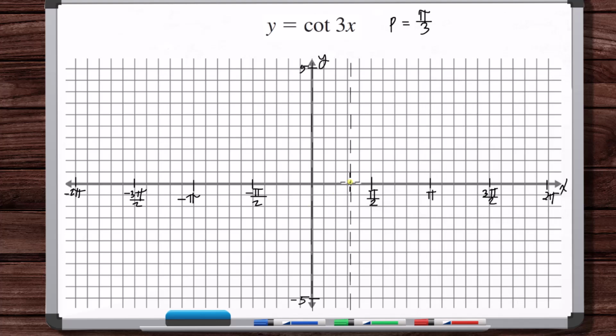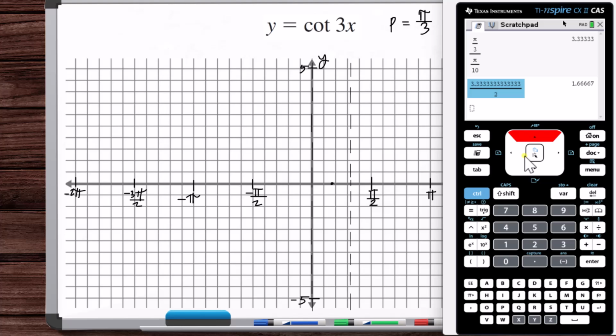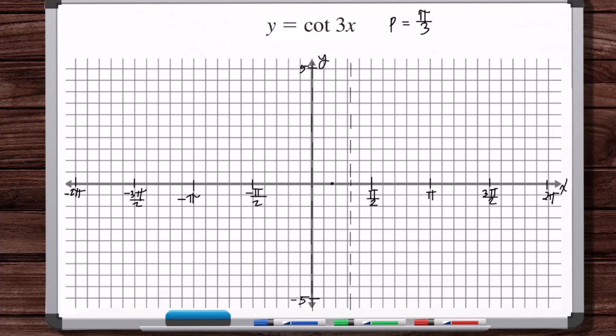So the graph is going to pass through the origin around here. Okay, now let's see. Pi over 3 divided by 4 is pi over 12. So we need to get cotangent of 3 times pi over 12.